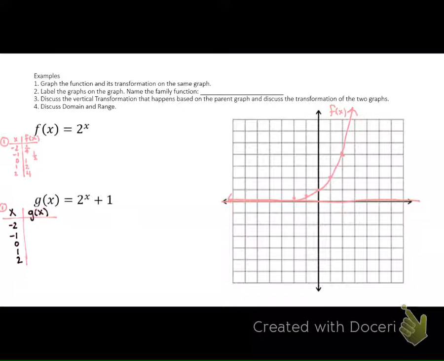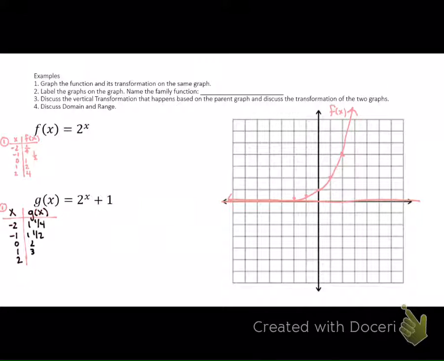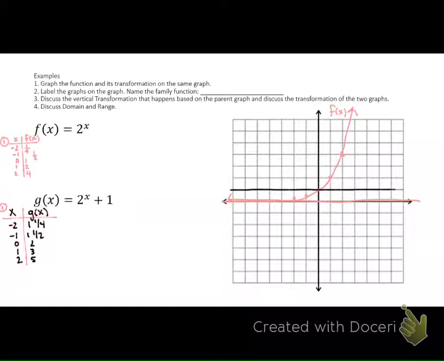And then I'm going to do my next table, and I get 1 and 1/4, 1 1/2, 2, 3, and 5. Did anybody not get those values? My asymptote is at 1, so I'll draw an asymptote at 1, and I'll plot my points.